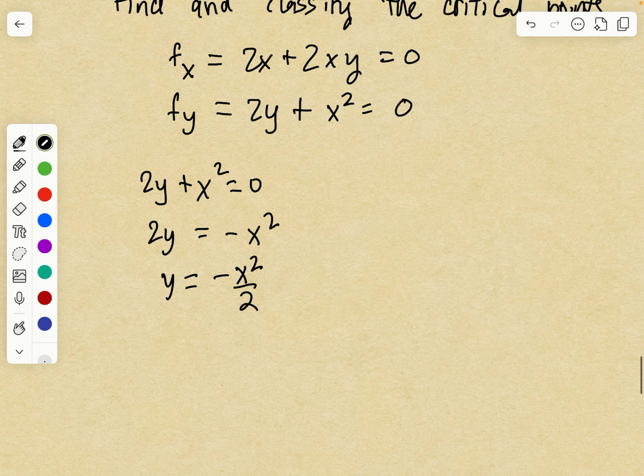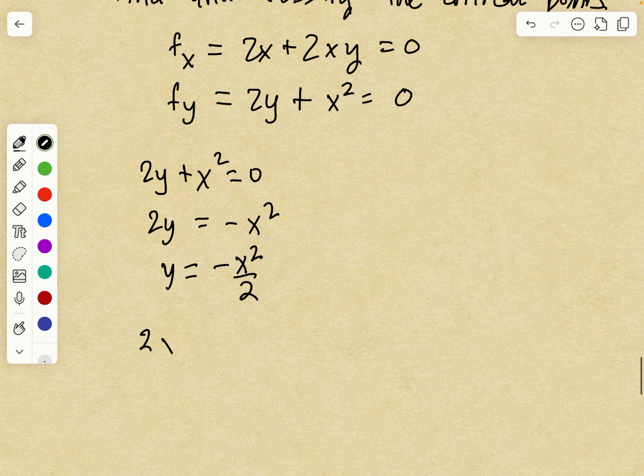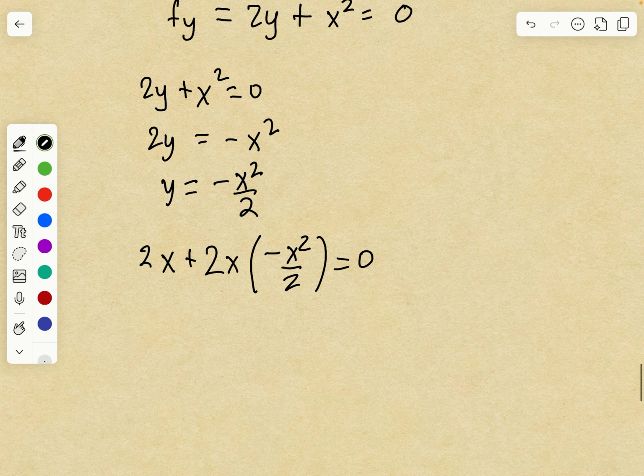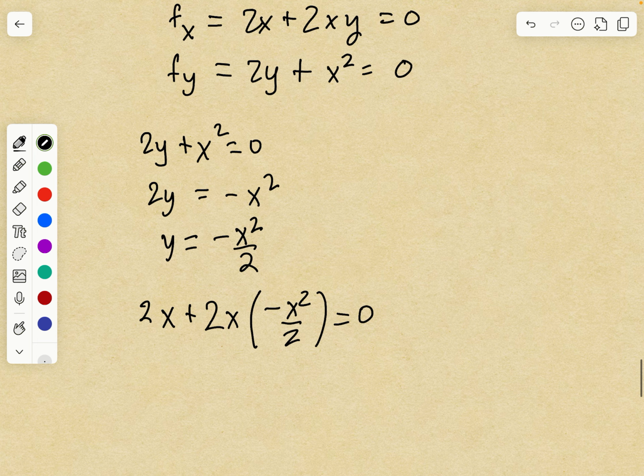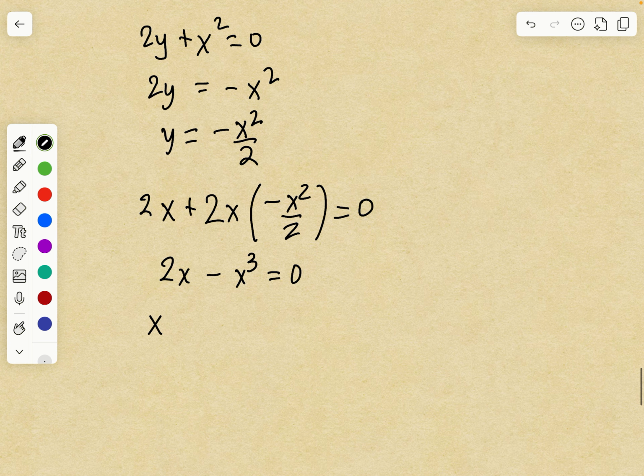And then I can plug that into the first equation and get 2x plus 2x times negative x squared over 2 is equal to 0. And what will that give me? 2x, the 2's will cancel, and then minus x cubed is equal to 0. Now I can factor out an x: x times (2 minus x squared) is equal to 0.